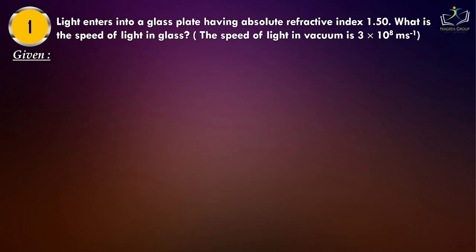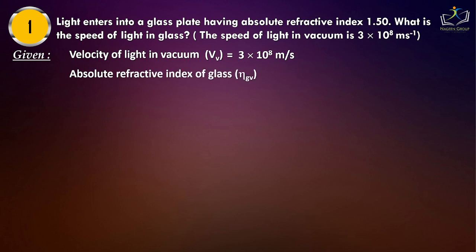Now let's understand the numerical here. Light enters into a glass plate having absolute refractive index 1.50. What is the speed of light in glass here? Here it's given the speed of light in vacuum, VV, is 3 into 10 to the power 8 meter per second. Absolute refractive index NGV is given as 1.50.